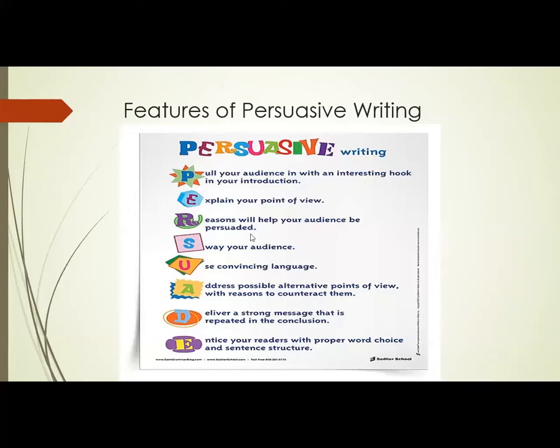Reasons means you have to write why you want to sell that product to your audience. Convincing language. Yes, your language should be convincing. You should help them to understand, give them views, give them more experience, give them more information, so that your audience should be convinced to buy that product.